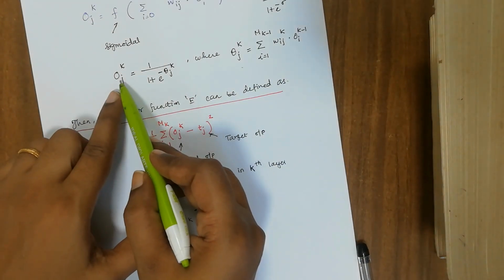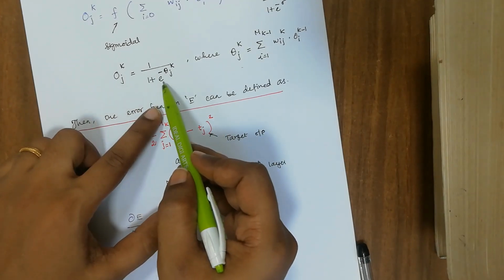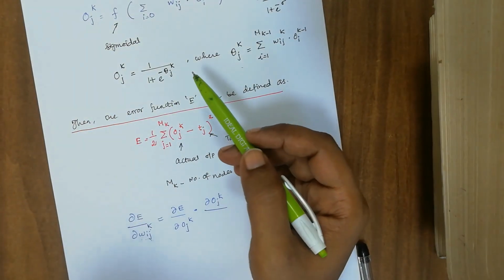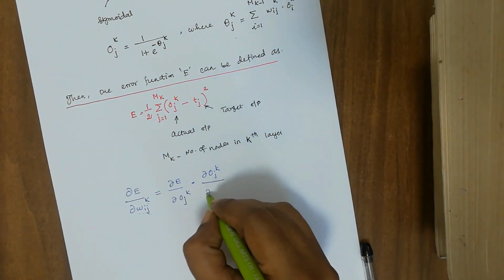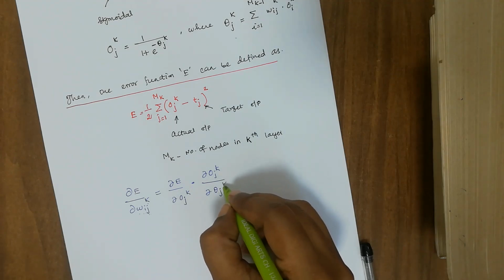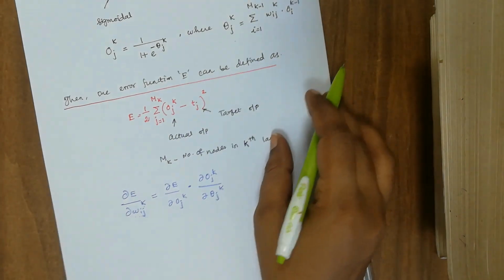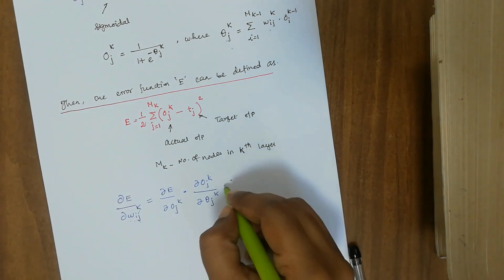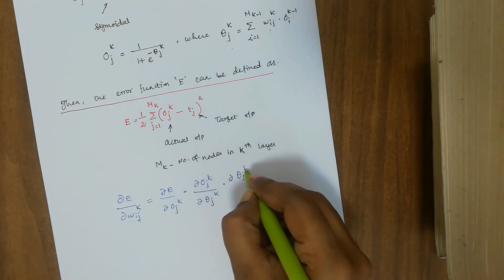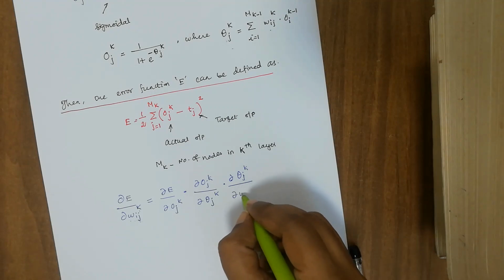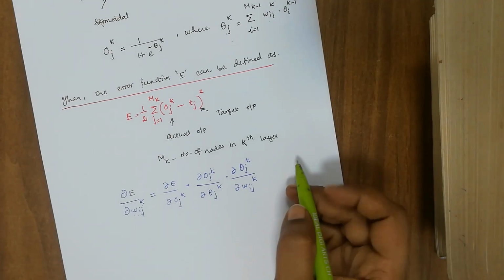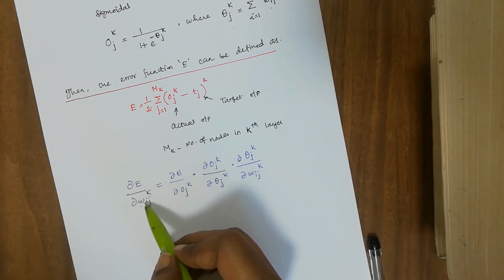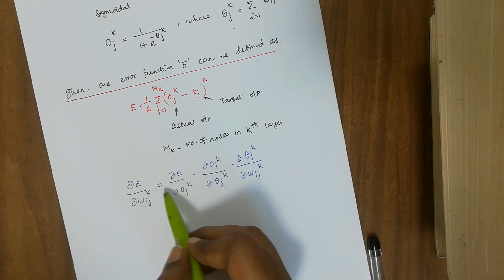Since the nonlinear function is of the form 1 by 1 plus e to the power minus theta jk, OJK depends on theta jk, where theta jk depends on Wij capital K. Since this capital E is not directly related to Wij, we set up a chain rule.